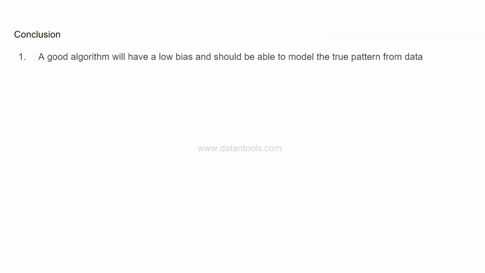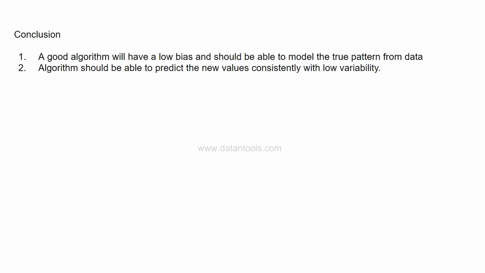So finally, what is the conclusion? The conclusion is that a good algorithm will have a low bias and should be able to model the true pattern from data. The algorithm should be able to predict the new values consistently with low variability. That means low variance.